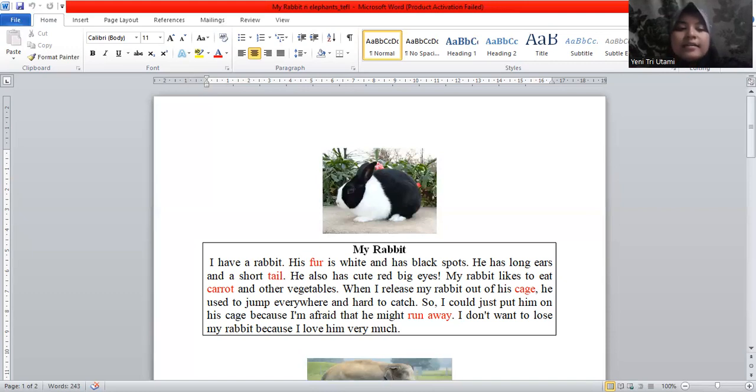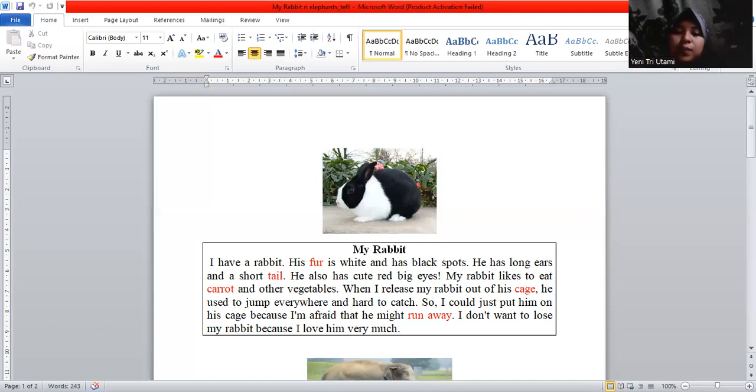And then the next is the use of the adjective to clarify the noun. For example, a beautiful cat, a cute cat, a beautiful beach, or a handsome man, and so on. And then the most important thing is the use of simple present tense.